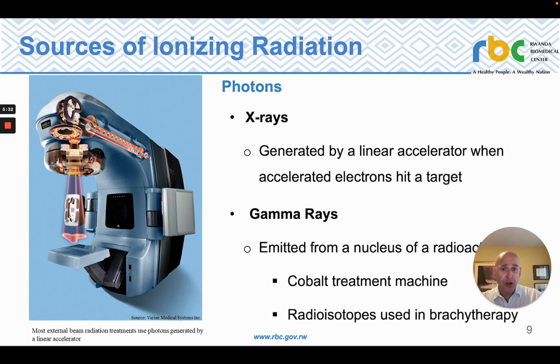Gamma rays are emitted from the nucleus of a radioactive material, and that's what we use in brachytherapy or cobalt treatment with an external unit, which again is what we call a hot source where gamma rays are being used. The effect on the tissue that are seeing these rays are the same regardless of whether it's X-rays or gamma rays, although there are certainly differences in terms of dose delivered depending on how this is applicated.